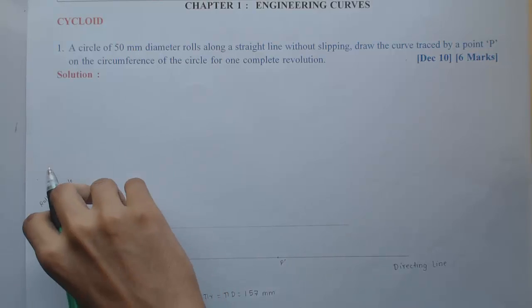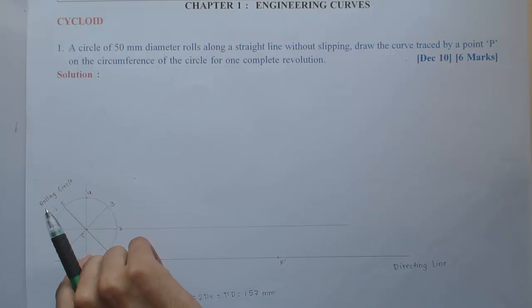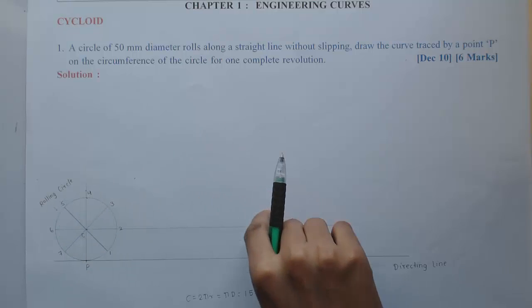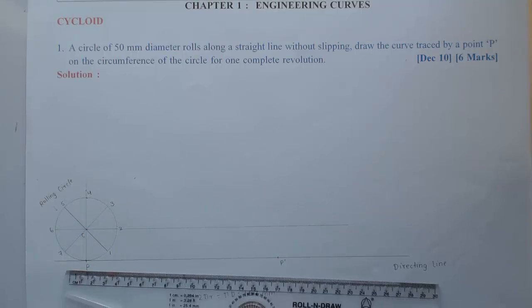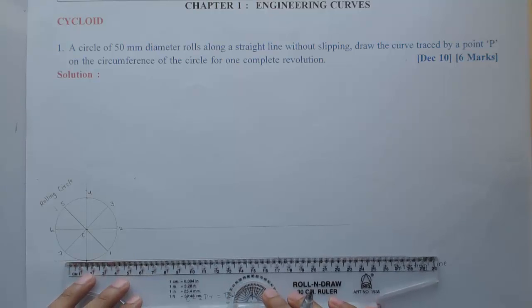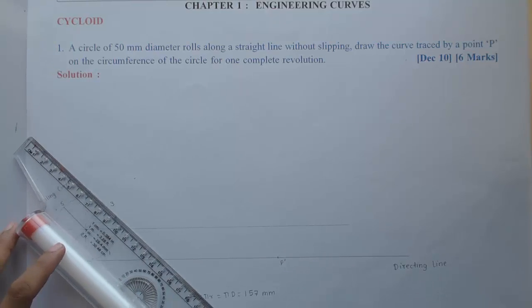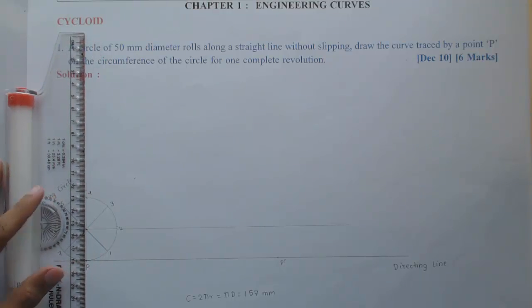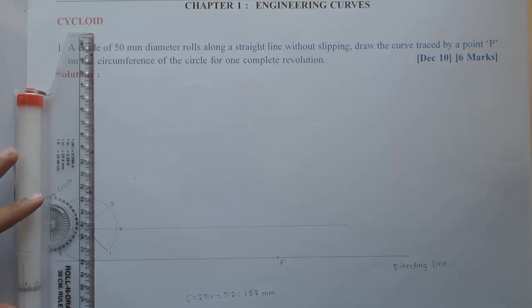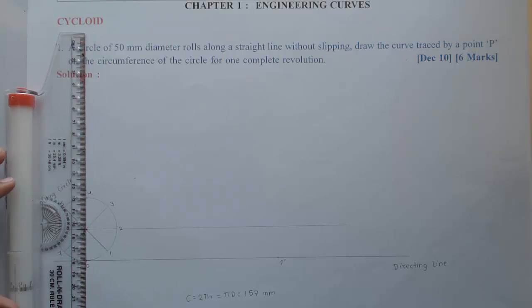That means after one complete revolution, this P will again come to the original position, that is the ground. So I can draw the diameter perpendicular from P dash to mark the final position of the circle.